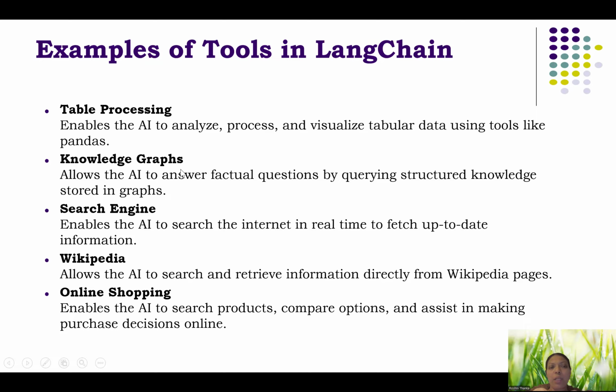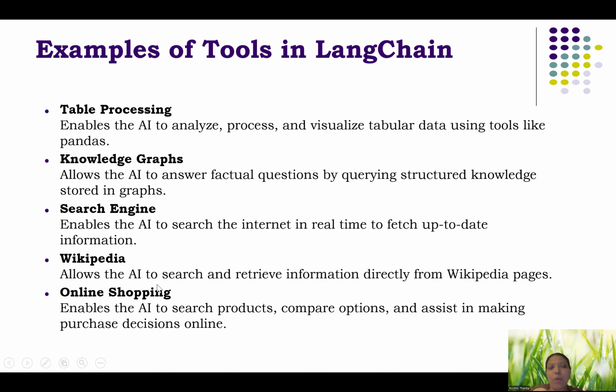The next tool is the knowledge graph, which helps us get answers to factual questions by querying structured knowledge stored in the form of a graph. Then the search engine is another tool that helps us search for real-time, up-to-date information. Then Wikipedia is also a tool, which allows the AI to search and retrieve information directly from the Wikipedia page.